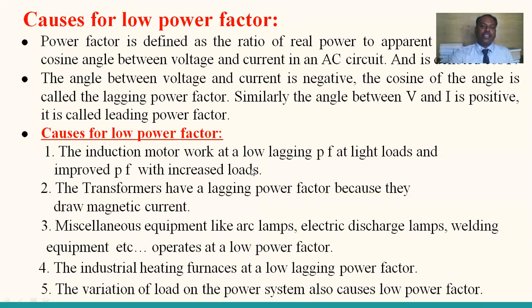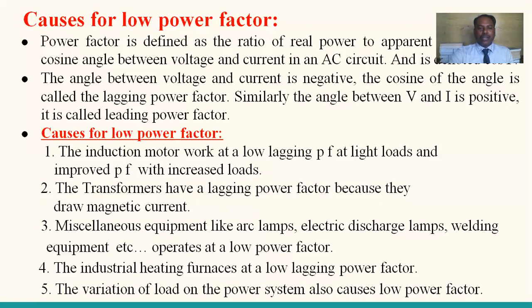These are the various reasons for the low power factor recorded in the distribution system, where power is utilized by so many appliances, and some appliances have low power factor, resulting in a low system power factor.